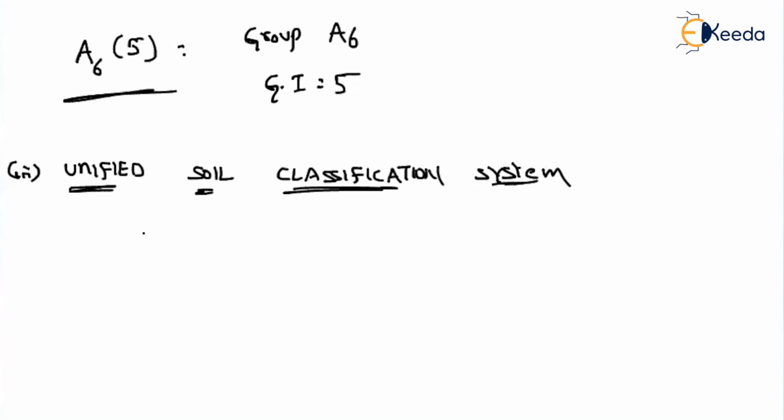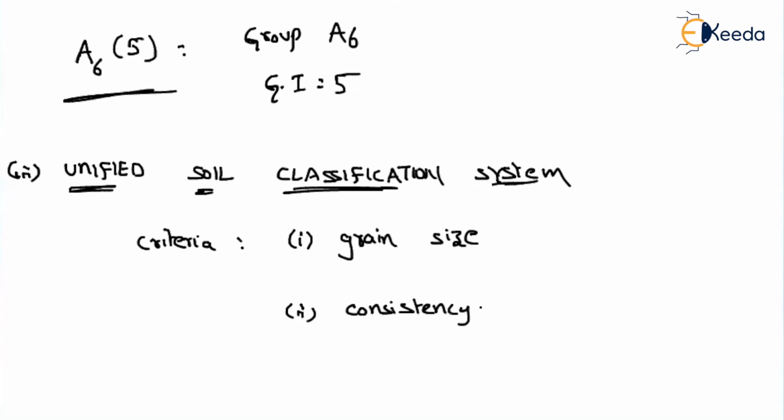Here, the criteria for classifying the soil: first one is grain size distribution, that means entirely the sieve analysis. And second is consistency limits, that means liquid limit, plastic limit, shrinkage limit, and also the compressibility characteristics.